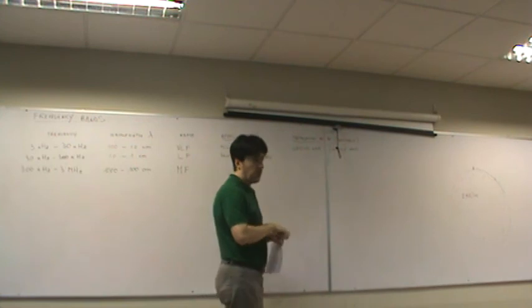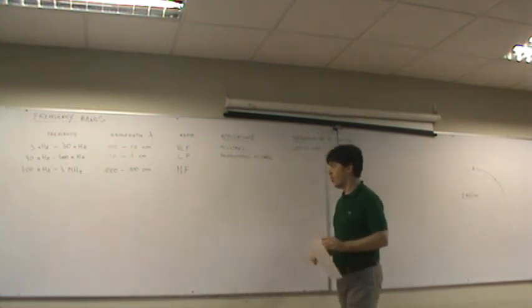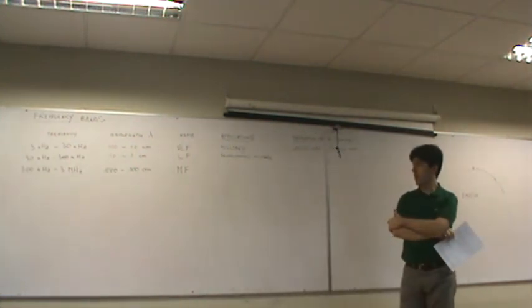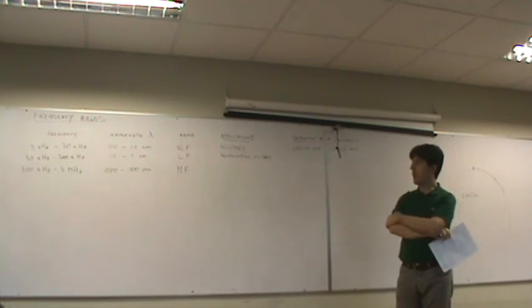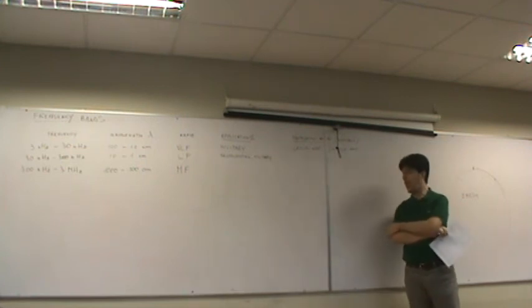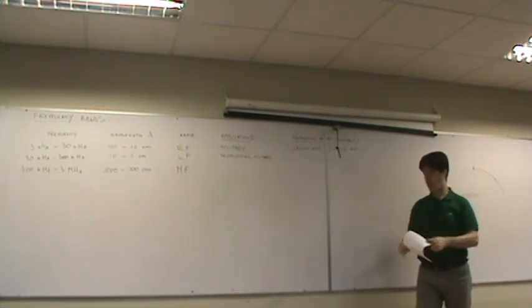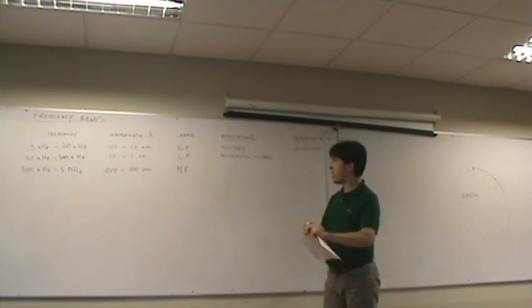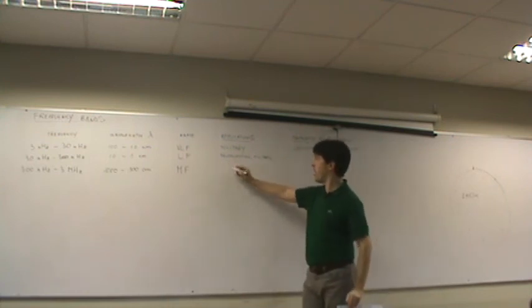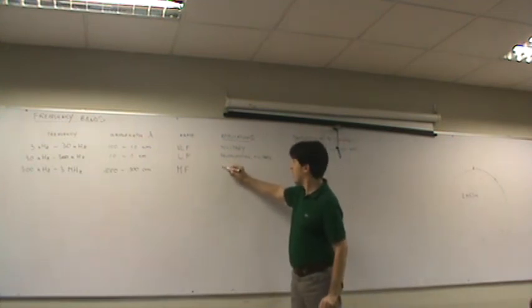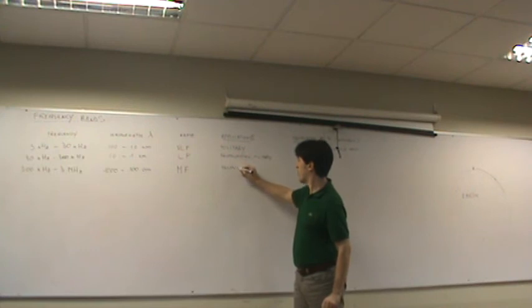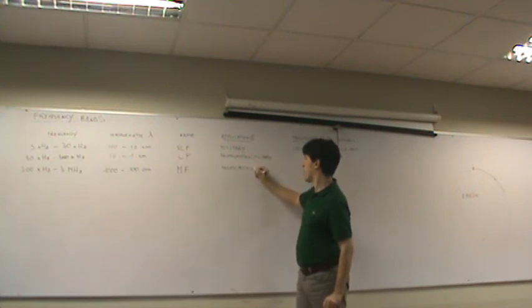The next frequency band is the so-called medium frequencies. 300 kilohertz to 3 megahertz, wavelength 1000 to 100 meters. The main application that you will possibly know is broadcasting.